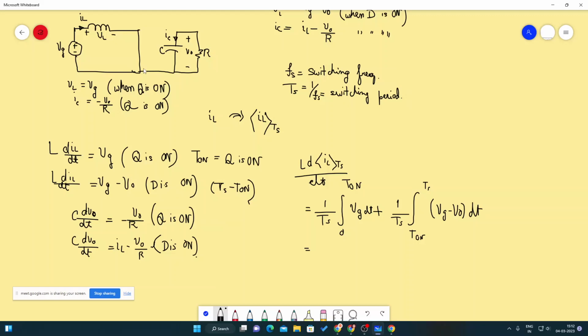So we will be considering that this V out will not change over the duration Ts. So we will consider it to be a constant. So we can take Vg out because Vg is already constant. So I can write Vg T on by Ts plus Vg minus V naught.